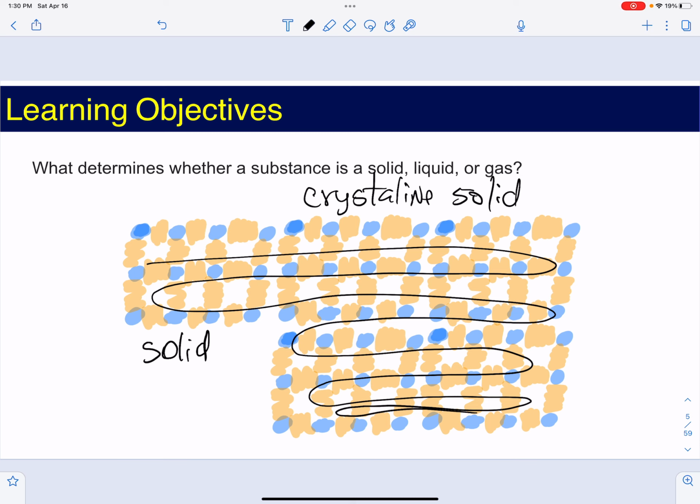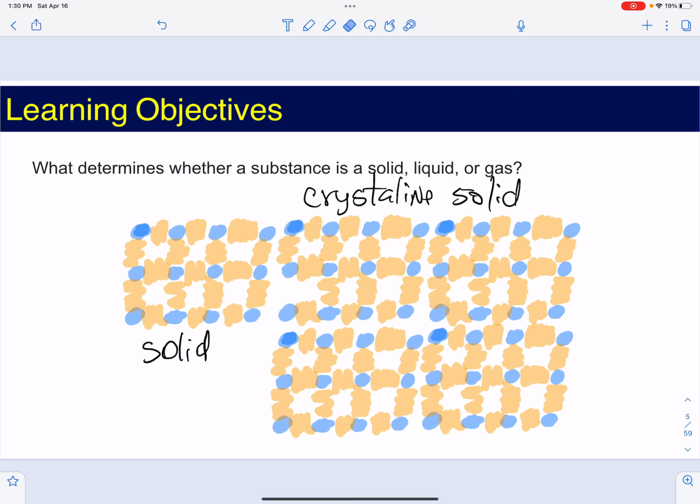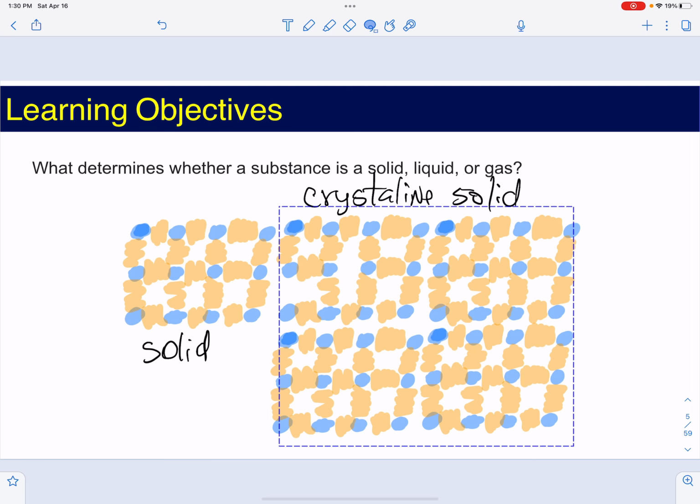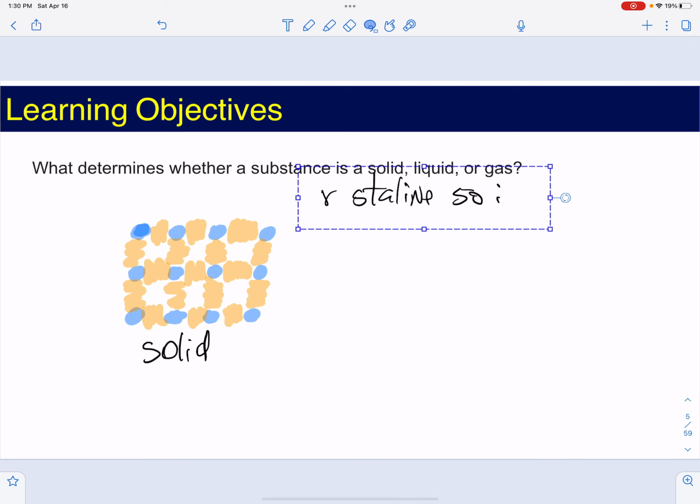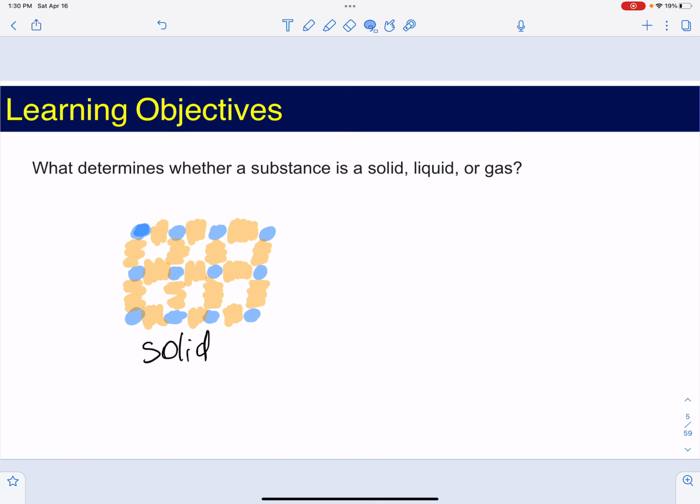There's another type of solid which is not going to be like that. Imagine that instead of having that, you have a solid like that, but then on the other side, you have something like this.